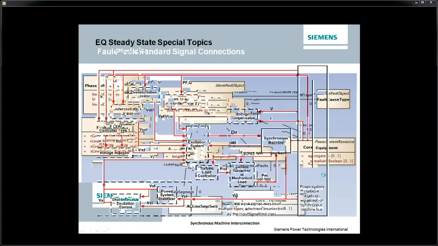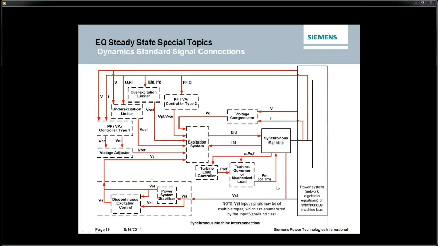You have a synchronous machine, and different dynamic components which represent specific devices or controls within the synchronous machine's control system that affect the stability and dynamic response of that machine to any perturbations on your system. You have signals that feed out of your electrical system as inputs into these individual devices, and you have a model like this for every synchronous machine in your model.